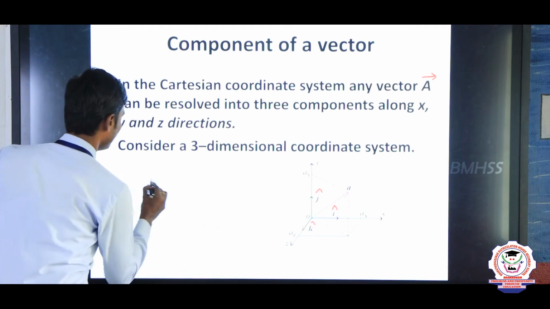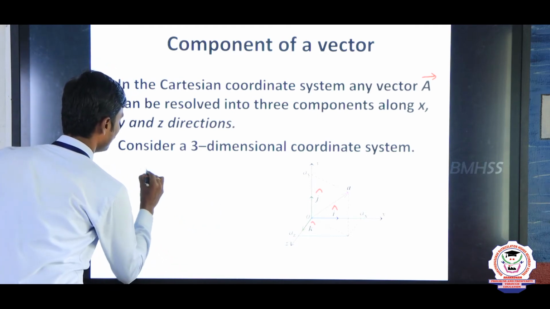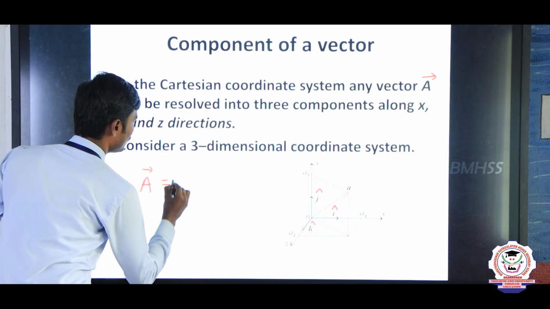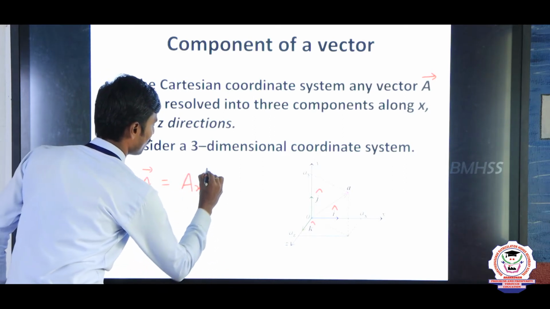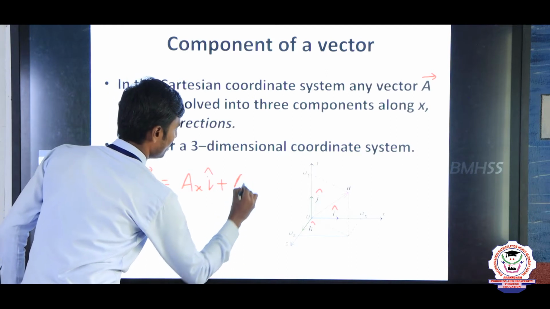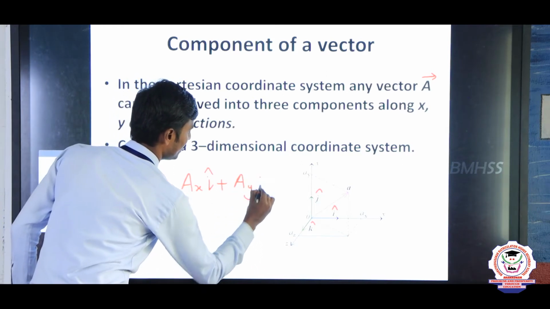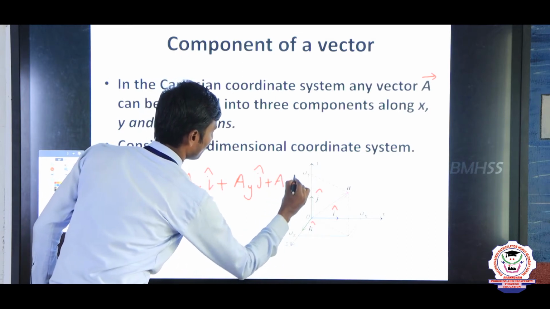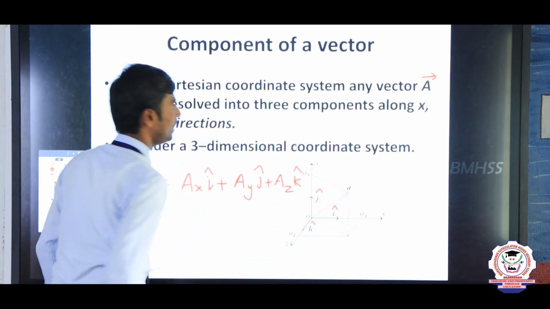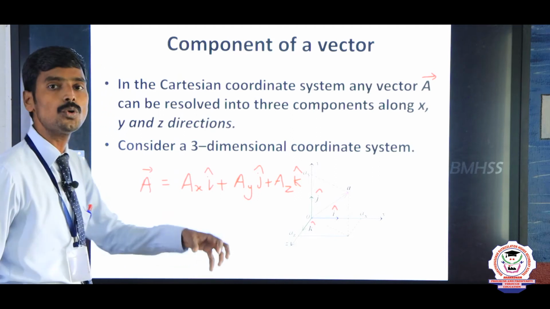Listen here. A vector consists of three components, which means ax i cap plus ay j cap plus az k cap. This is the three dimensional Cartesian coordinate system.